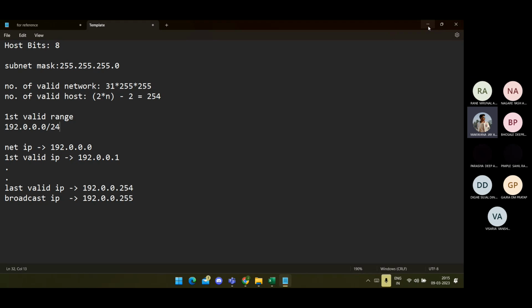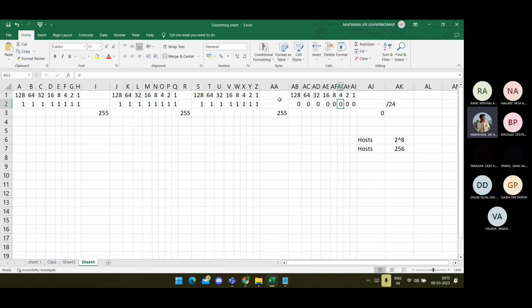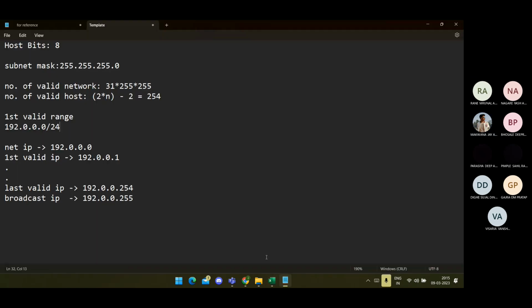We only subnet the network, and network bits are only in class A, class B, and class C, right? So we are only talking about class A, class B, and class C. So we have calculated the number of valid networks and number of hosts for these default subnets.